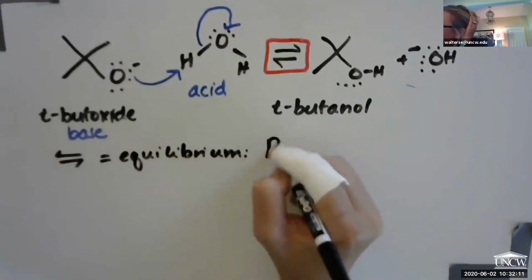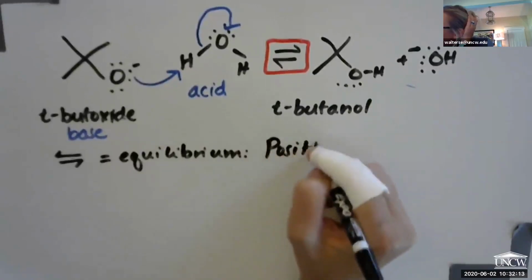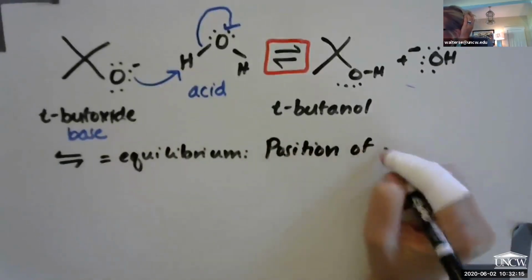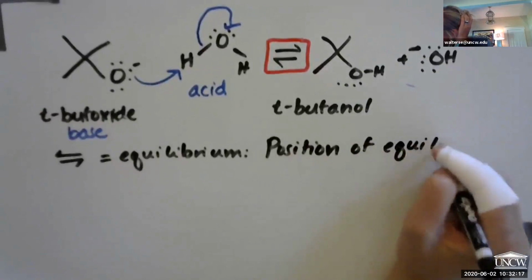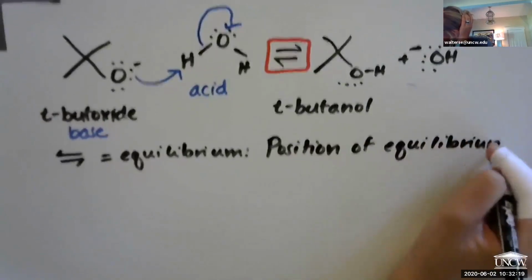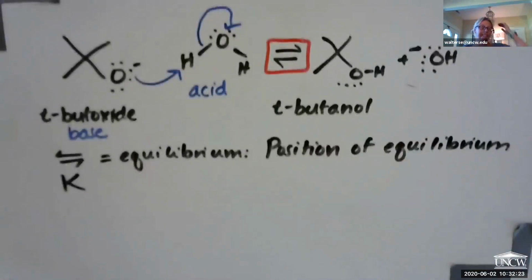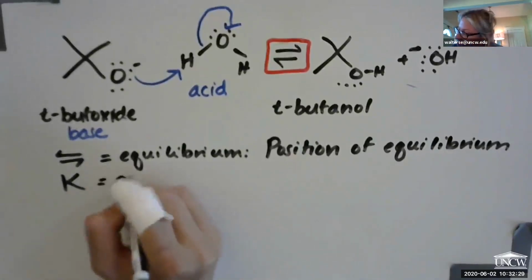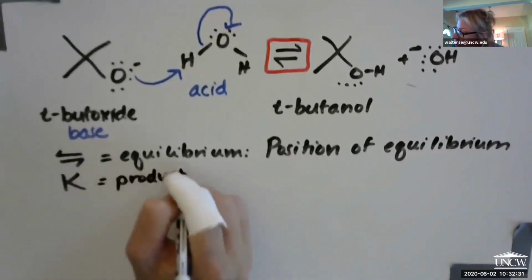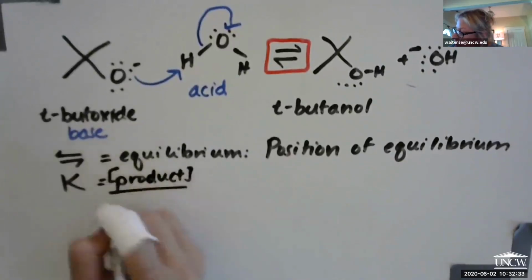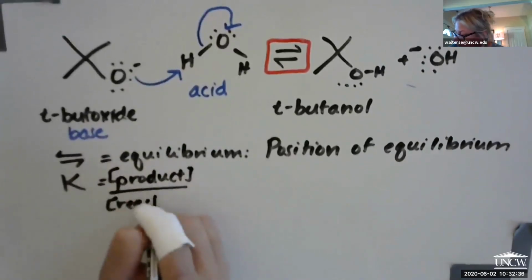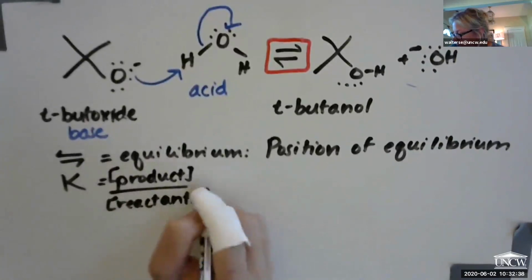Okay, and the position of equilibrium is given by K. So K is the equilibrium constant where you have your products' concentration over reactants.